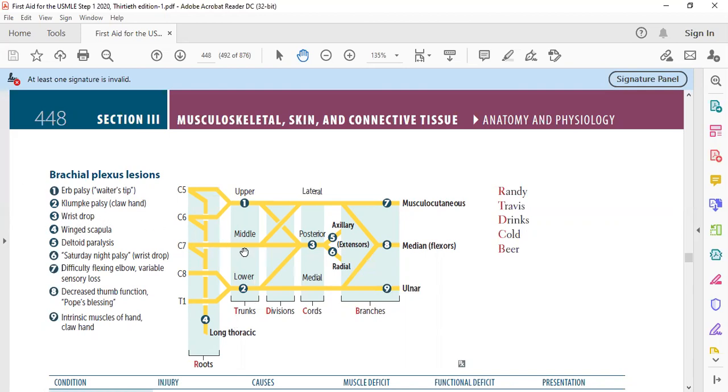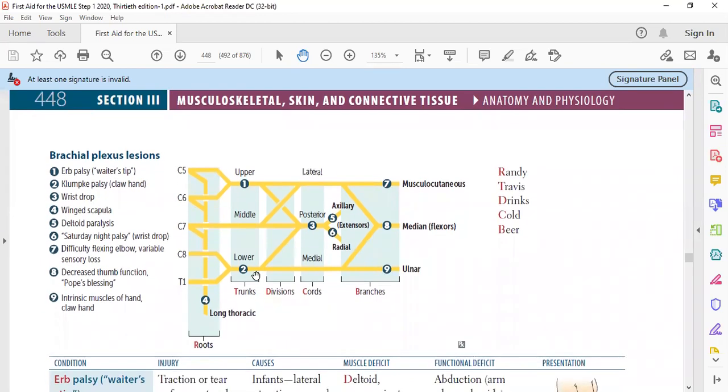Then three, we have wrist drop. In four, we have the winged scapula, which involves the long thoracic nerve. And at five, we have deltoid paralysis. In six, we have Saturday night palsy. That is a wrist drop.